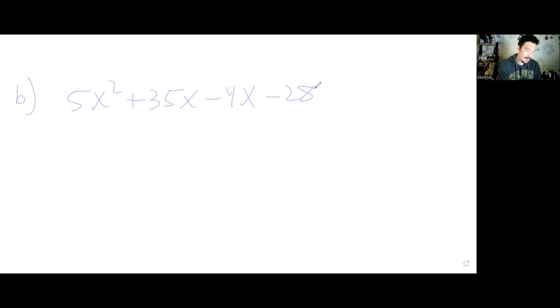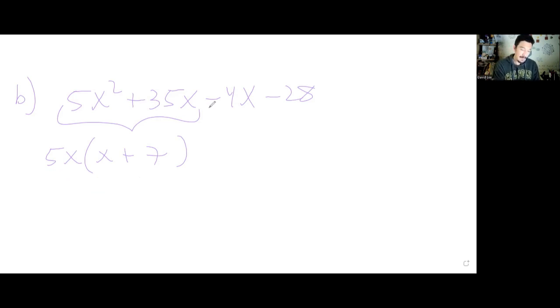So here, focus on the first 2 terms. What can you take out from these first 2 terms? You can take out a 5x, leaving you with x plus 7, right? I could always test my work along the way, because if I distribute, I get back what's above.